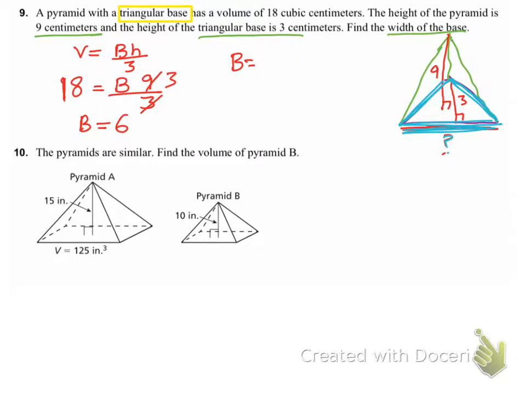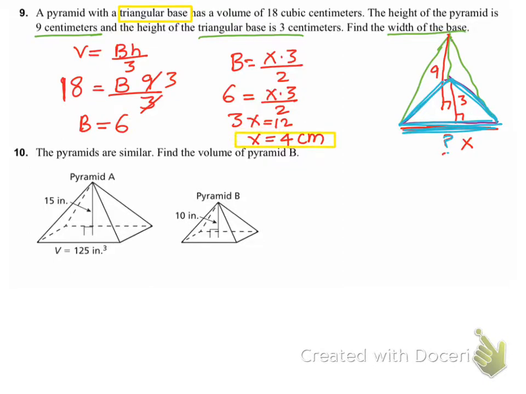If this is not given, I can assume it to be x. So x times 3 over 2 is 6. Cross multiply, 3x is 12. Divide both sides by 3, you get x is 4. And what's the unit here? Centimeter.